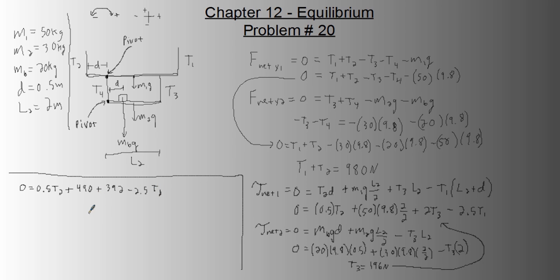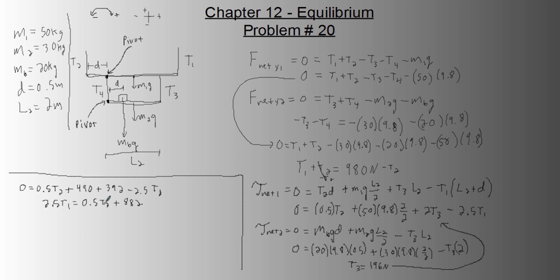Actually, we'll just call this 2.5 T1. So add the 2.5 T1 over, we get 2.5 T1 equals 0.5 T2 plus 882. Just add these two together. And then what I'm going to do is I'm going to solve this. So subtract T2 from both sides. So minus T2 cancels. Right? So I'm going to put that into here.